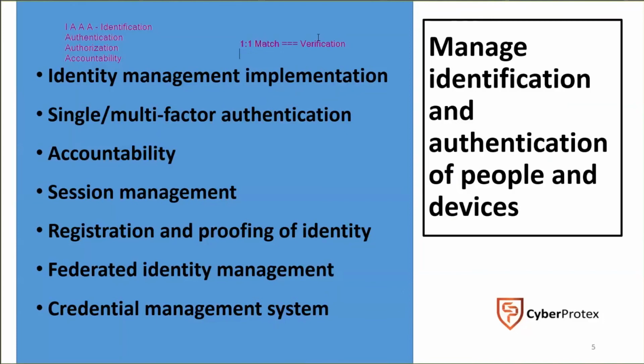And really what it comes down to is we can implement identity management in a number of different ways. Usually we will identify a person or a subject, which is a user, a program, or a process.